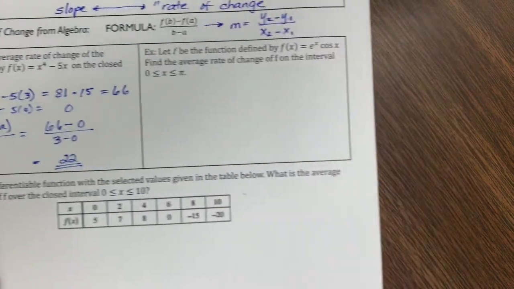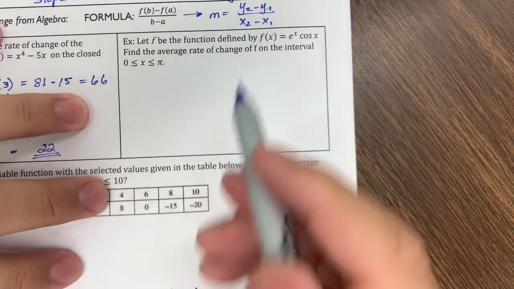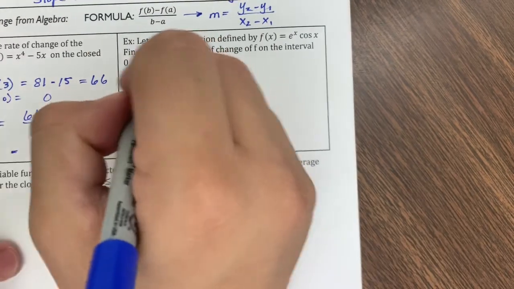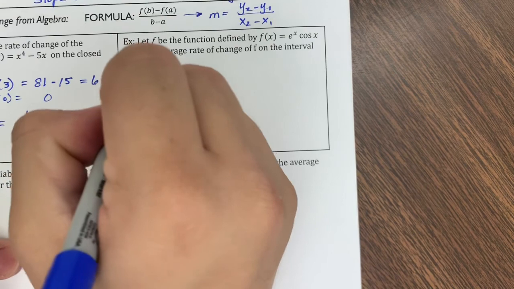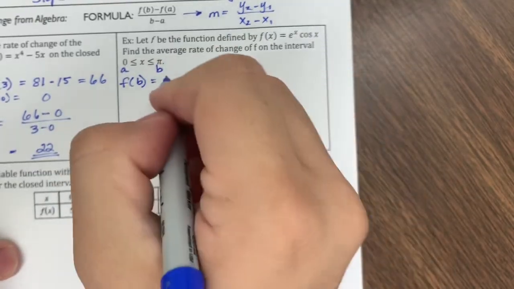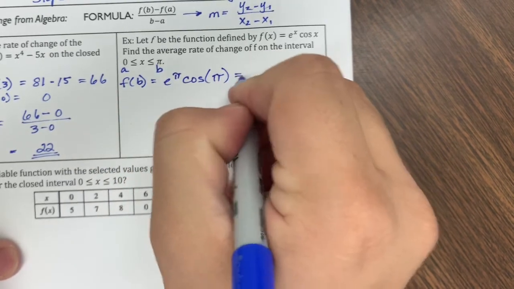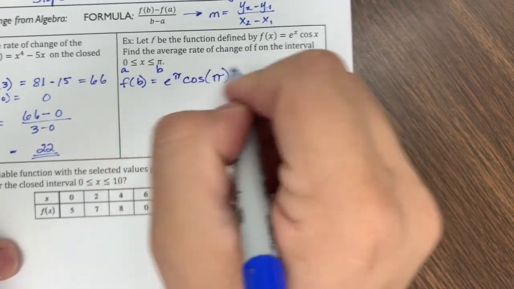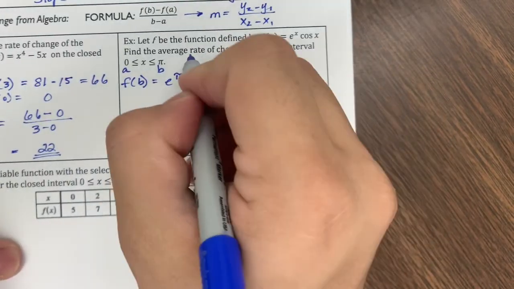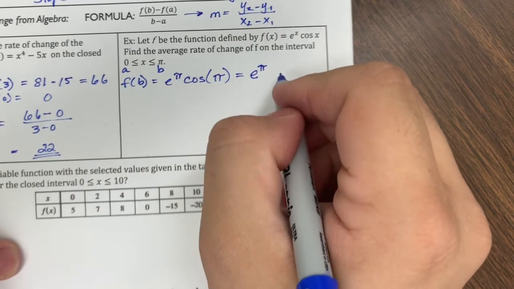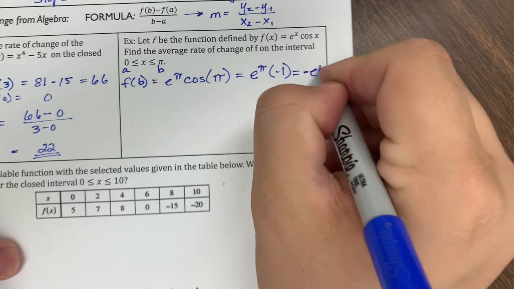Similarly here, if I were to work out the rate of change of this function over this interval, sometimes the interval will be in the form of an inequality. So this is a and this is b. f of b is e to the power of pi times cosine of pi. If I look at my unit circle, cosine of pi is over here on the left side, so that's -1, which gives negative e to the pi.